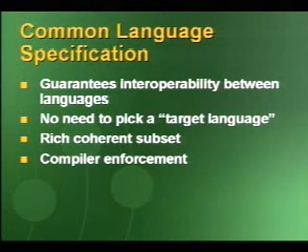Now, when we were first coming up with the common language specification, we considered having a really small set. What is the actual proper subset of all languages in the world? And that turned out to be a very small, unusable set. The least common denominator solution wouldn't allow for rich, usable frameworks. So we opted to have a very rich and coherent definition of the common language specification instead.